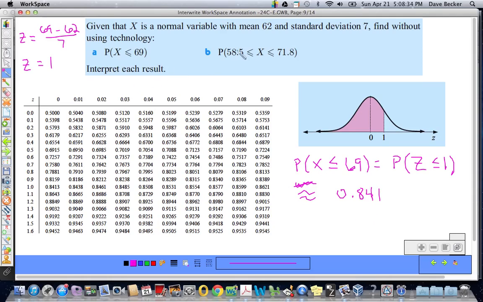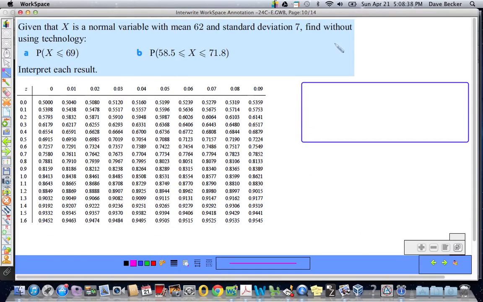Okay. Part B, we're going to have to standardize each of those. So Z1 for 58.5 minus 62 over 7, and I will tell you that's equal to negative 0.5.